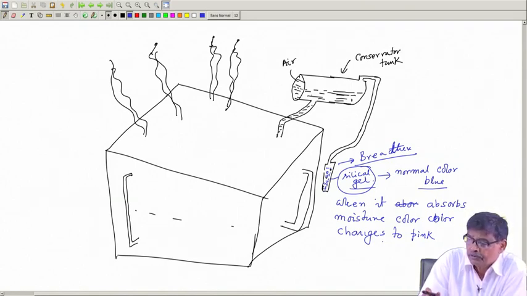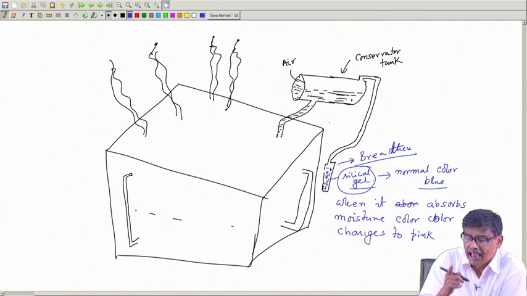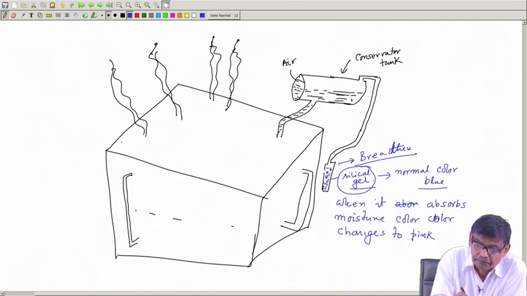Okay. So, transformer has got a breather and this is the air oil interface, and another fitting will be there on the tank of the transformer, that is called explosion vent.